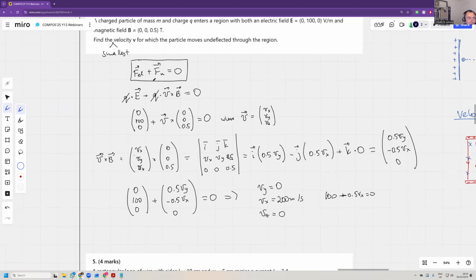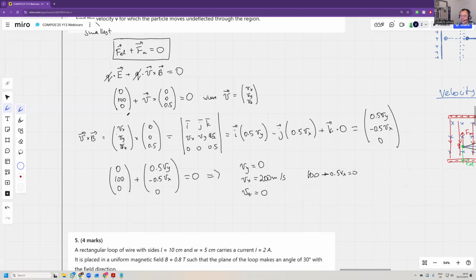Find the smallest velocity v with which the particle moves and deflects through the region. Okay, I'm a bit cheating here. I don't want to go too deep into that. So finally I got the velocity, which is 200, 0, 0 meters per second.